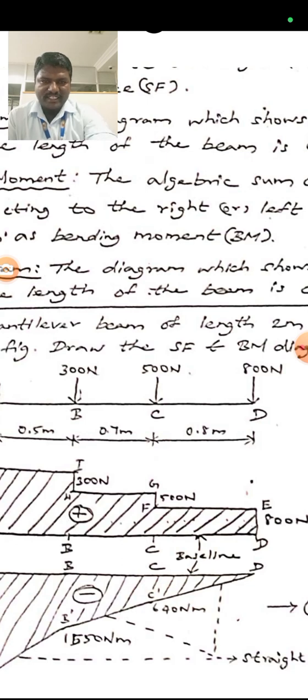The load is 800 and the perpendicular distance is 0.8 meter, so 800 into 0.8 meter.